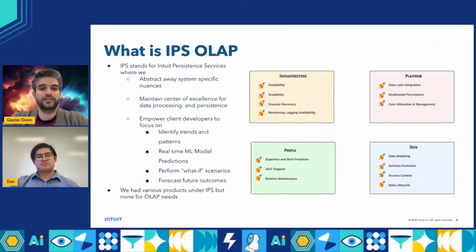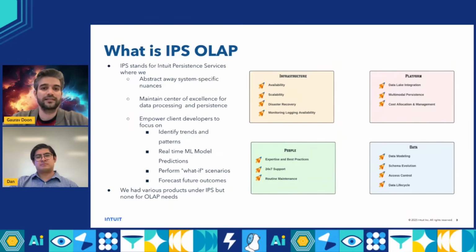So the first thing is, what is IPS OLAP? As I said, IPS stands for Intuit Persistent Services, where we are a platform team with multiple products around OLTP databases and other data distribution technologies. What do we do? We are basically a team of experts and platform engineers where we build a platform that abstracts away system level nuances from the end customers, while still maintaining a certain level of operational as well as performance excellence for these processing systems.